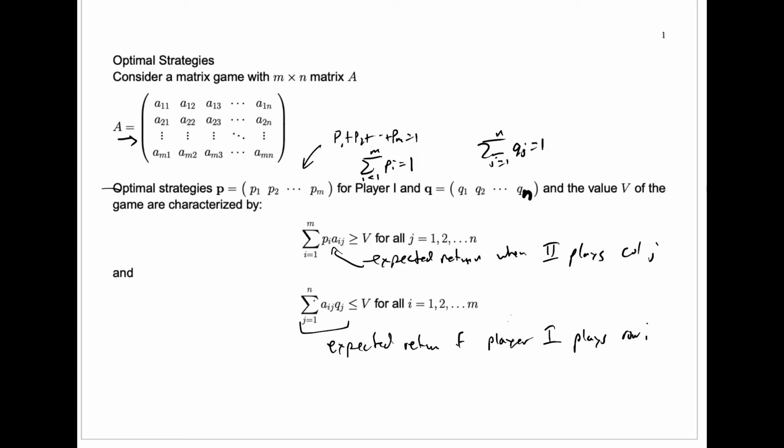That would be this quantity on the left. And this statement that this is always less than or equal to V for each choice of i equals 1 to m says whichever row player 1 plays, if player 2 is playing the optimal strategy Q, then player 2 does no worse than V, gets a return that's less than or equal to V. That's better for player 2, at least, than V.